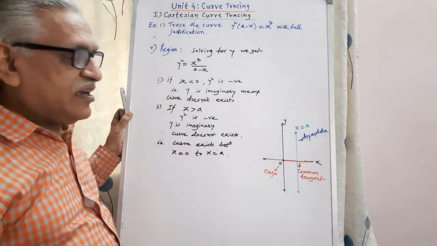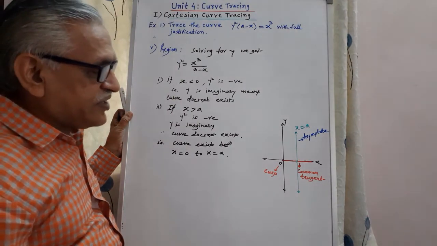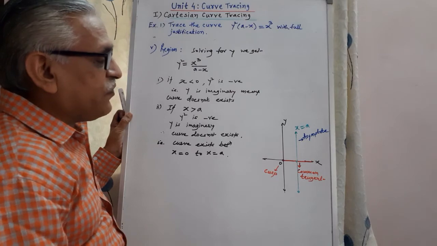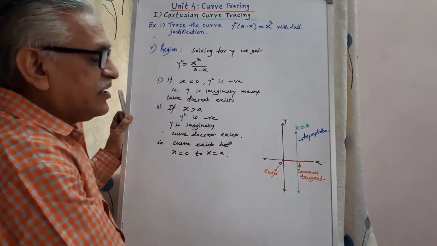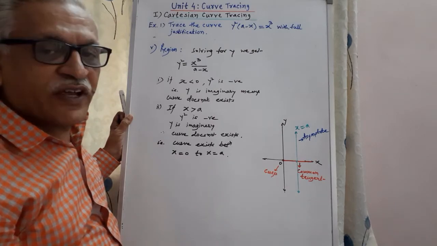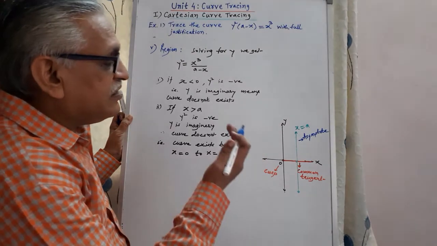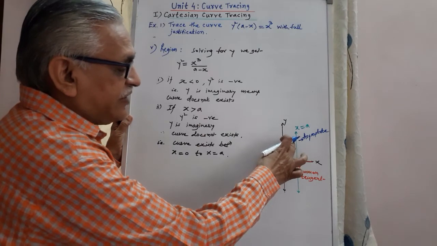Asymptote means a line which is tangent at point of infinity. Therefore, that to show that point of infinity is not possible here. Therefore, in that way, we make a part of the curve as parallel to this line.